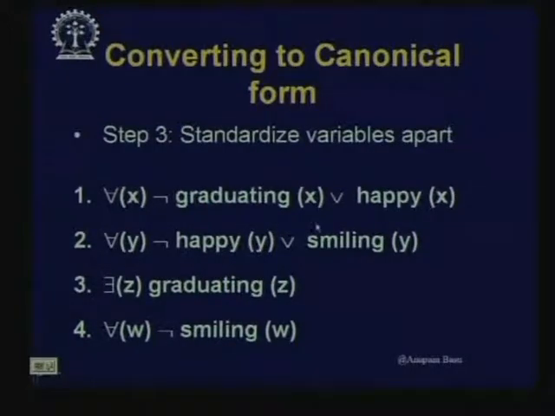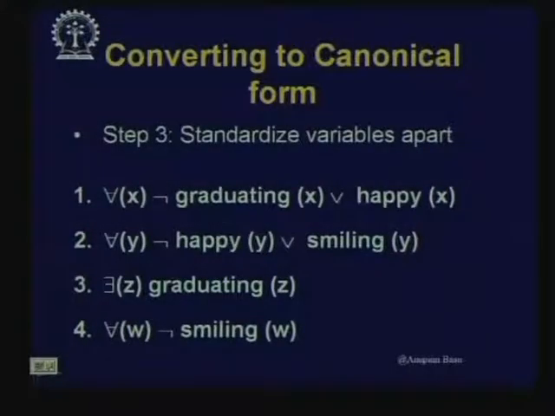Now if there was a clause like say graduating x and happy y, in that case both x and y are reserved for that clause. In the other clauses we will have to use y, z, p, q, all those things, and only later, as we will see, we will try to see whether these variables can be compared or unified.